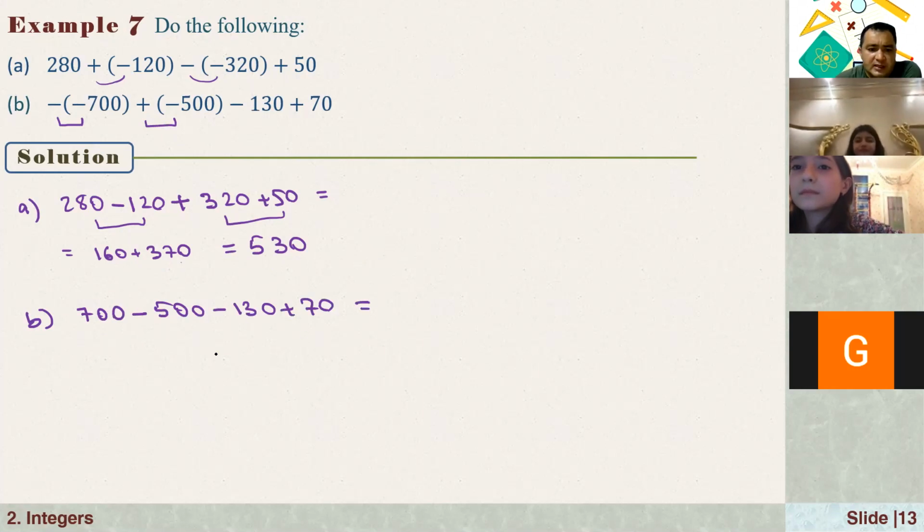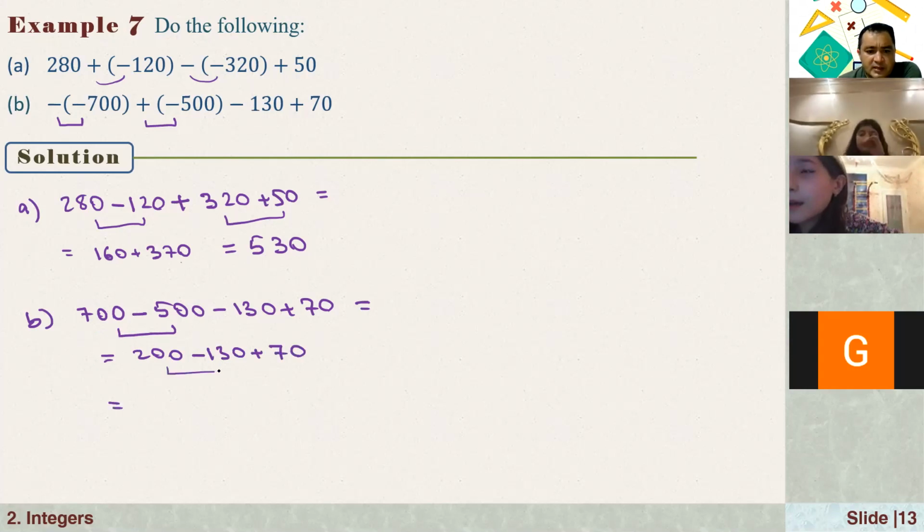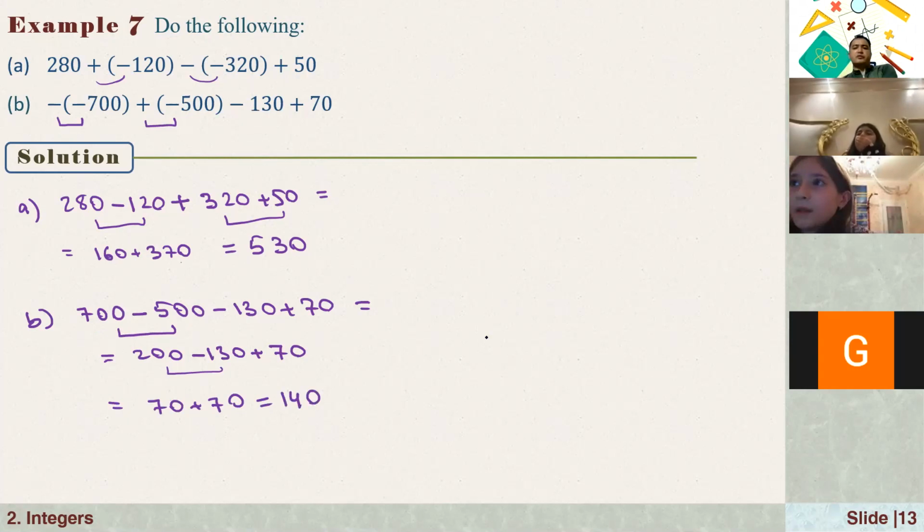So now I can just do this. 700 minus 500, that's just 200 because 700 is greater than 500. So the answer is plus. Minus 130 plus 70, right? Next, 200 minus 130 is equal to 70 plus 70. And 70 plus 70 is 140.